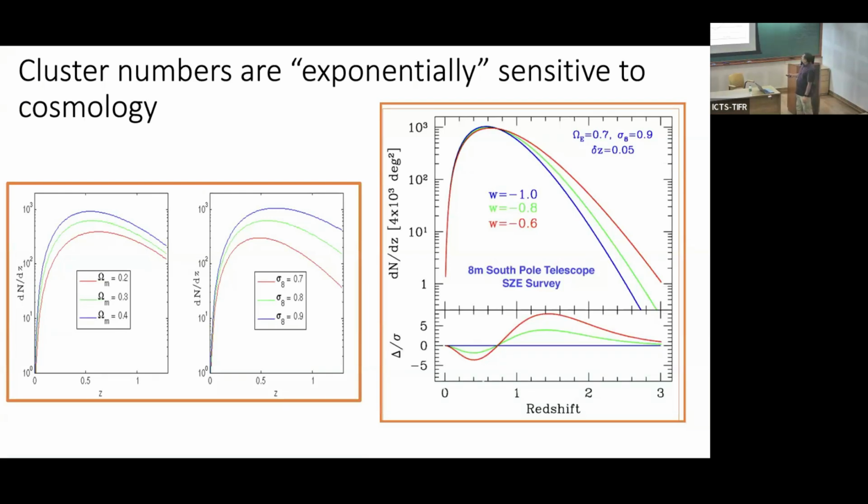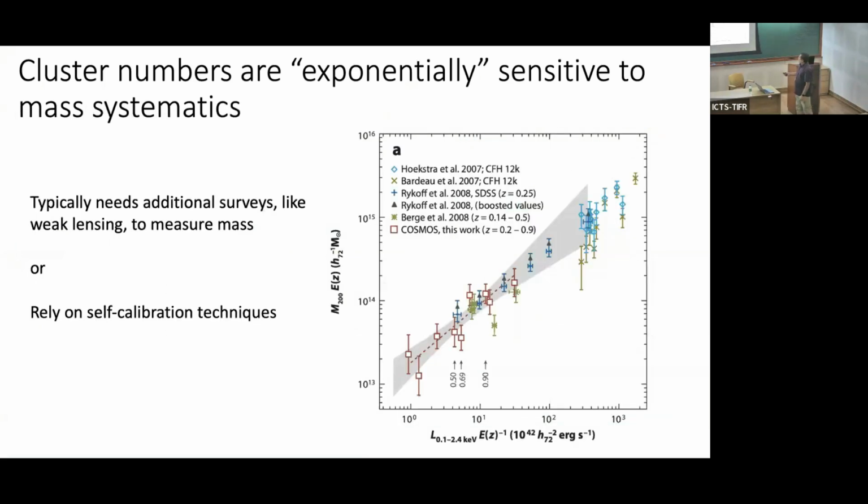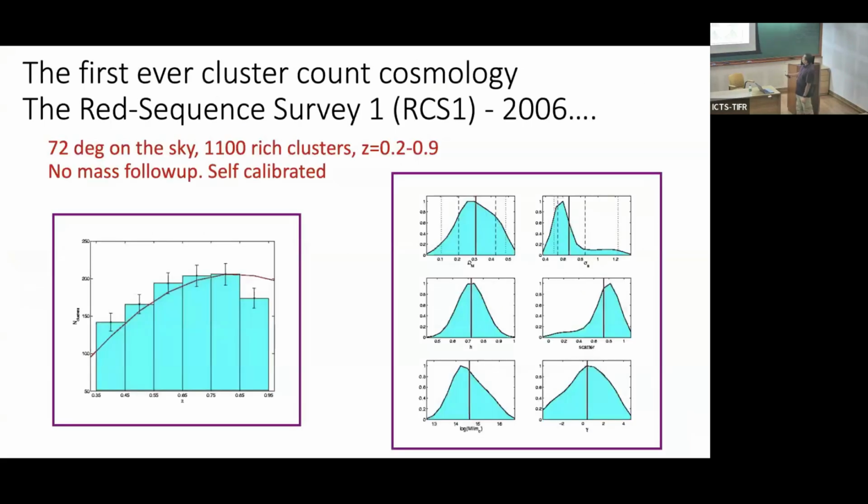The first number counts were done quite a while back. So the first ever cluster count happened in 2006. That was almost 20 years back. It was done with only around 1,000 clusters in a redshift range of 0.2 to 0.9 and only around 100 square degrees on the sky, actually less than 100 square degrees. And this was the number as a function of redshift that we got.